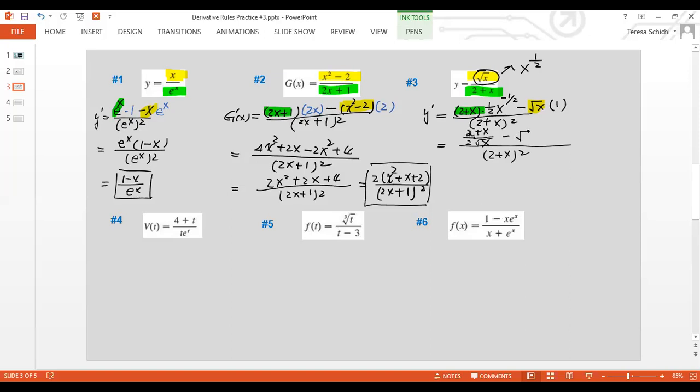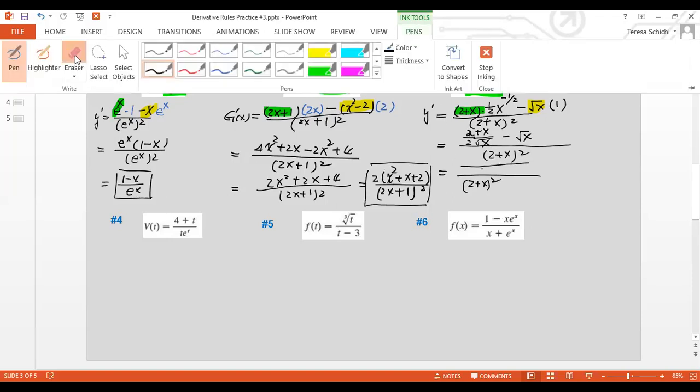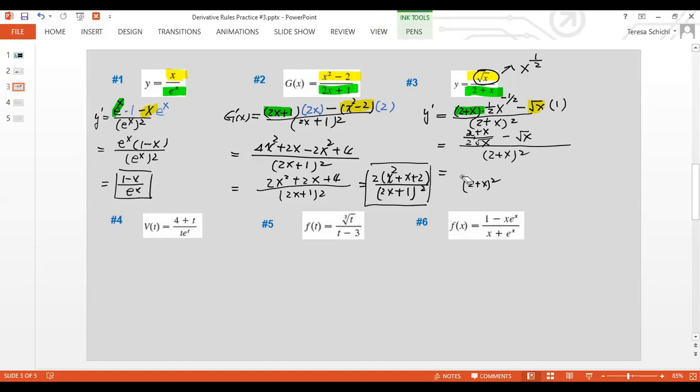Then minus the square root of x there, right? Okay, so now let's see here. This is (2 plus x) squared, common denominator. Well, I need to have more space here. Looks like I don't have enough space on the top.